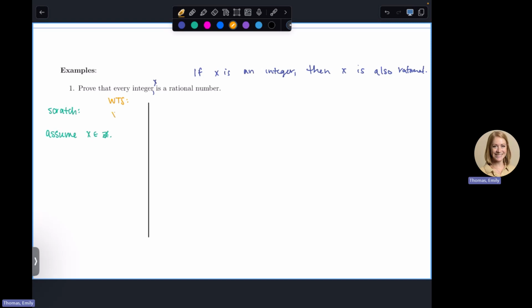Yeah, so we want to show that x can be written as an integer over another integer, right? Where this bottom one isn't 0. So that's the goal, to make this fit that definition of a rational number. Okay.